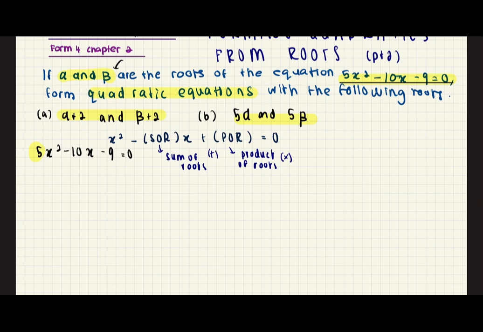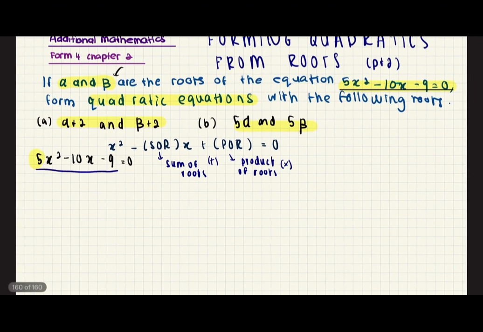So we divide by 5, and you can cross this out. You will be left with x squared, negative 10x divided by 5, you get negative 2x, minus 9 divided by 5 equals to 0.